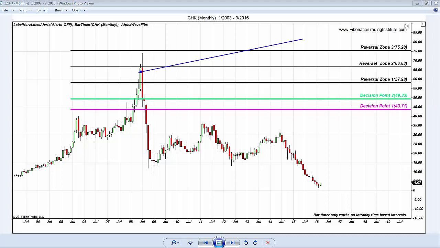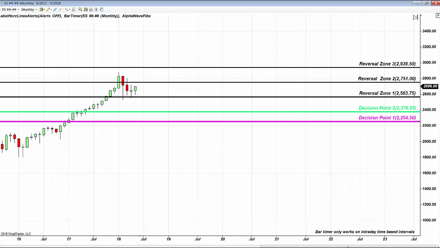This is S&P now on the monthly chart. This is a chart that's been present in the trading room for years. S&P is doing a drastically different structure than Chesapeake Energy. S&P is doing a massive correction. However, the fact that S&P reached a reversal zone should be quite a concern.